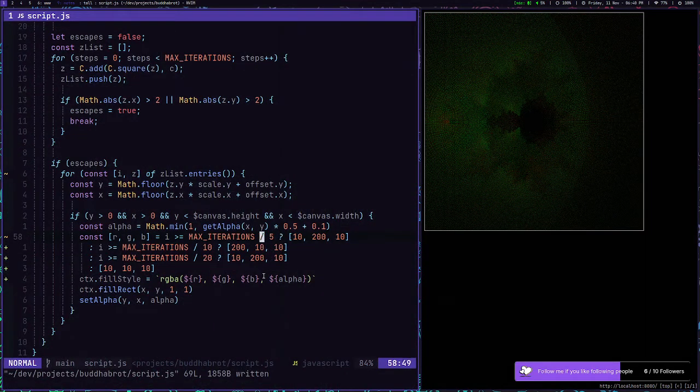Oh wait, iterations by 5. I greater than iterations by 5. Equal to doesn't make sense.